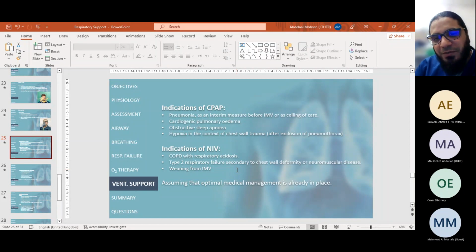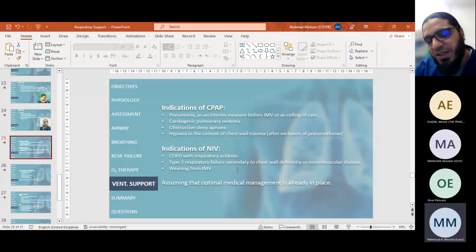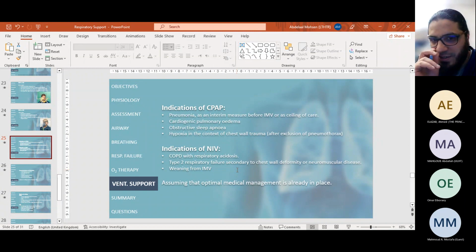So they will use the high flow, with a bit of pressure coming from this high flow, to inflate the alveoli, pushing this fluid back to the intravascular space and improve the oxygenation. If you give an inspiratory pressure on top, it won't make a difference because the patient is already ventilating well.